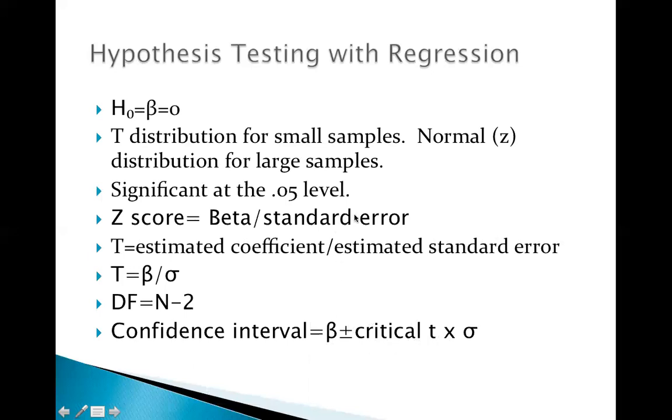So with the z example, that's 1.96 times the standard error. That is going to give us the range of possible options. So the slope is somewhere between blank and blank.